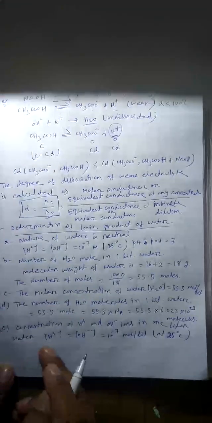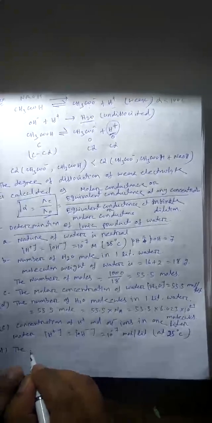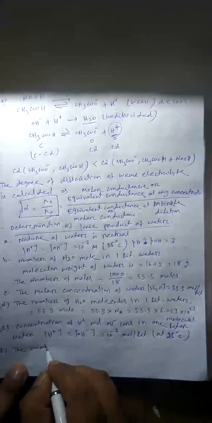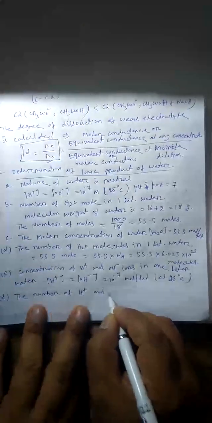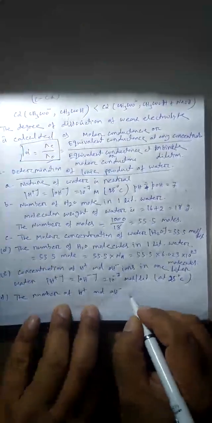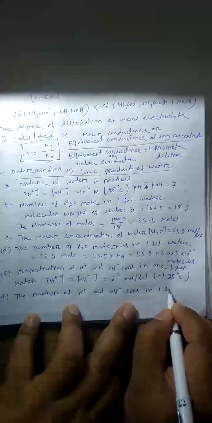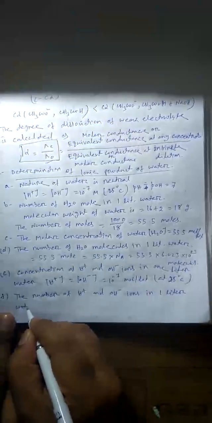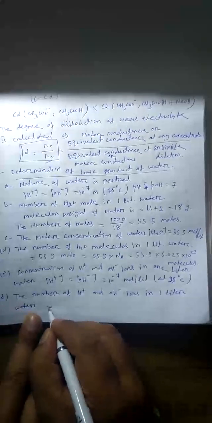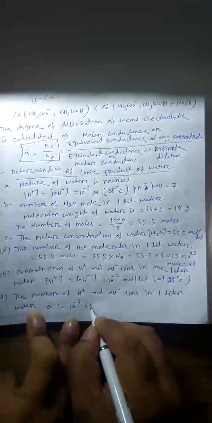The number of H plus and OH minus ions in 1 liter water is 10 to the power minus 7 into Na.